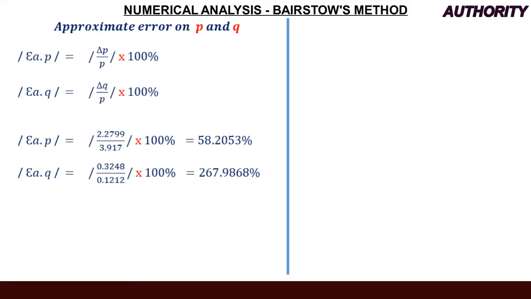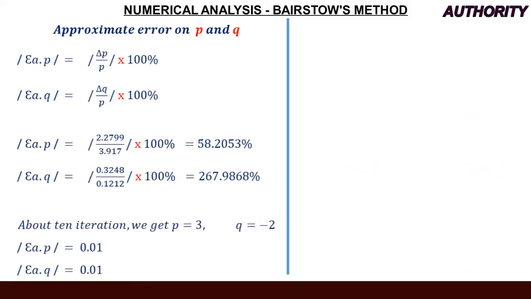So we are going to perform this iteration up to 10 times. From the 10th time, I think we are going to get new P to be 3 and new Q to be minus 2, with the approximate error on P to be 0.01 and the approximate error on Q to be 0.01 also.